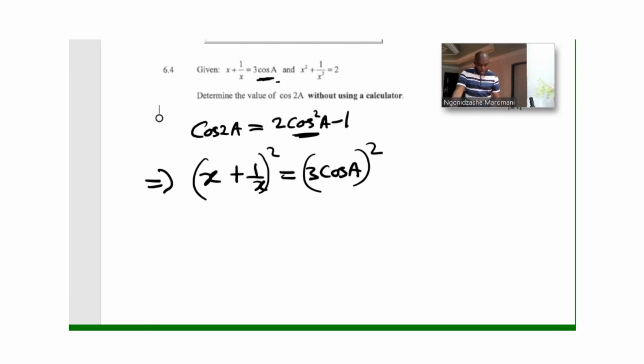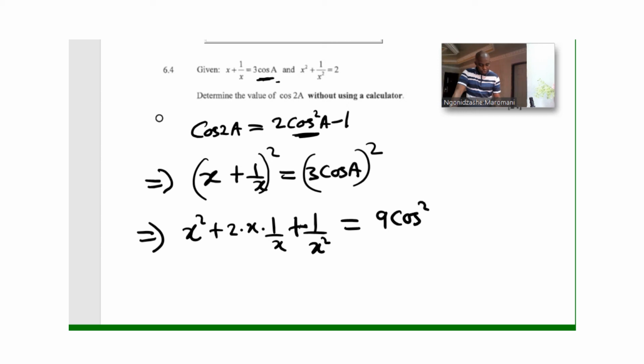The left hand side, x plus 1 over x squared, becomes x squared plus 2 times x times 1 over x plus 1 over x squared, equal to cos squared a.